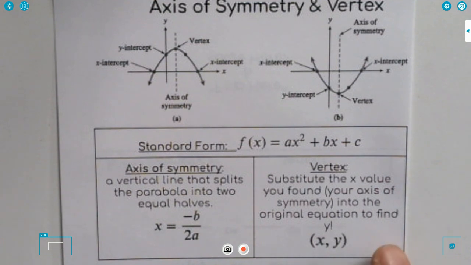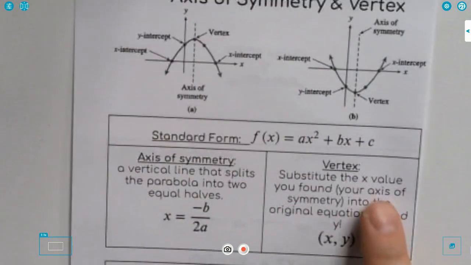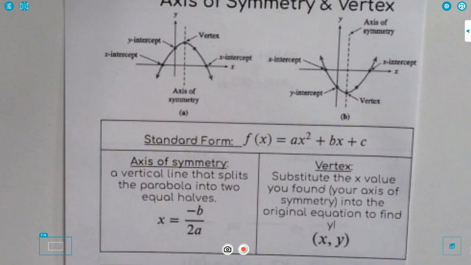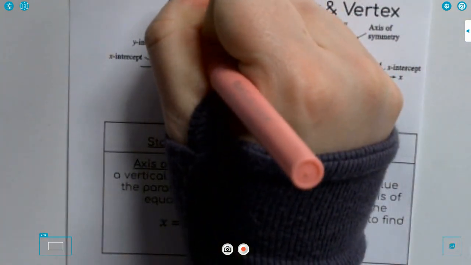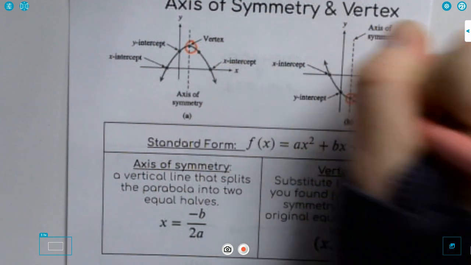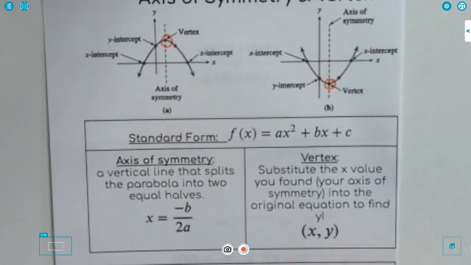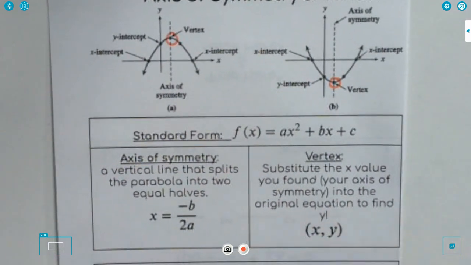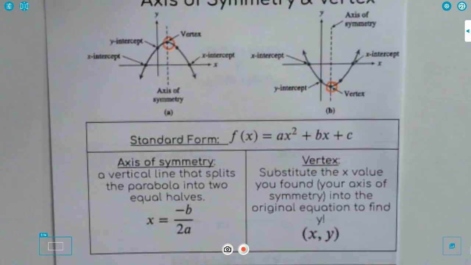For your vertex, because the vertex is always on the axis of symmetry, we can just plug that number in for x and solve for y. That's all we're doing today: this little formula, and then plugging in that number for x. It's nothing too crazy.